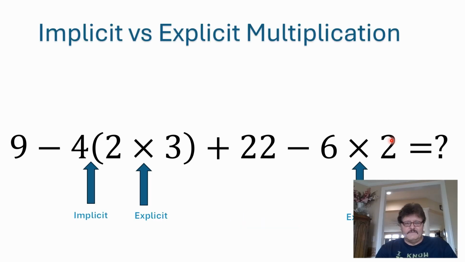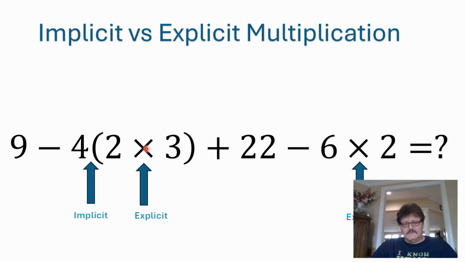All right. So first of all, I want to talk about this idea of implicit versus explicit multiplication. A lot of people might have forgotten this. I see a lot of people give confusing answers, but basically, implicit multiplication means that you do not have a multiplication symbol here. You've actually got a 4 outside of a left parenthesis. You have parentheses here around the 2 times 3. Explicit multiplication is where you actually have a multiplication symbol like we have right here.